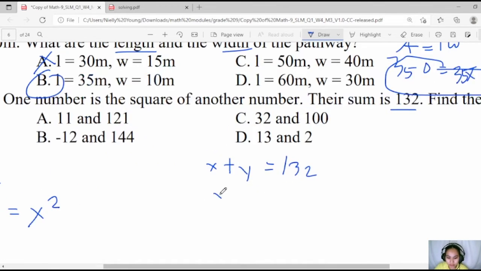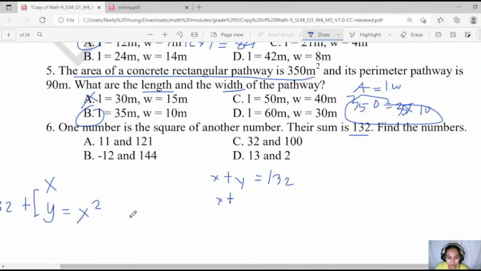Since our y is x squared, x plus x squared equals 132. Then transpose 132 to follow the quadratic equation ax squared plus bx plus c equal to 0. So arrange it: x squared plus x minus 132 is equal to 0.